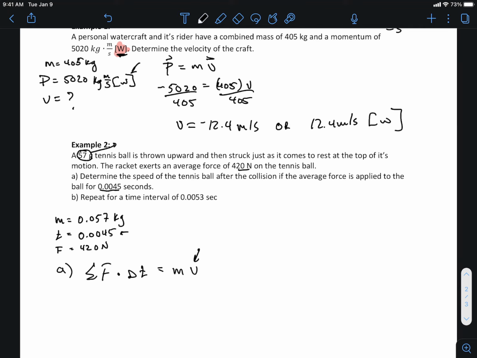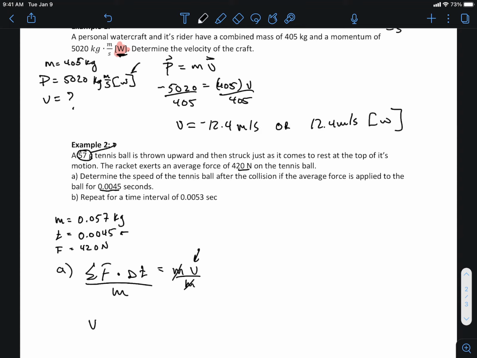So we're just going to throw in the numbers that we have. We have 420 multiplied by 0.0, that looks like a minus. Maybe I'll put them in brackets. Let's do a little bit of isolation too, sorry. I want to divide by m. Those are going to cancel.